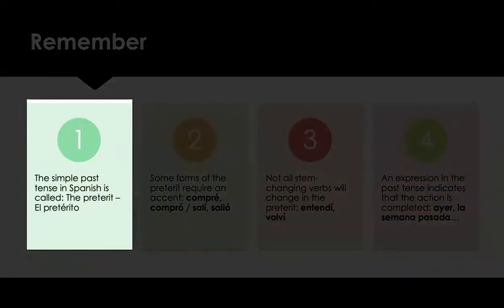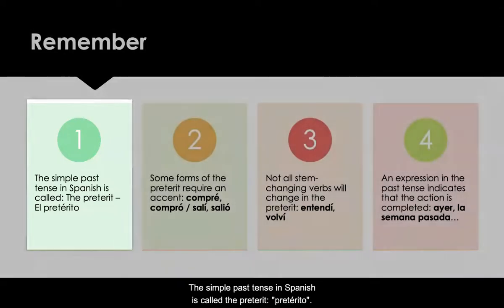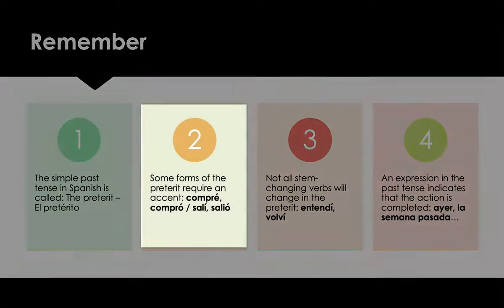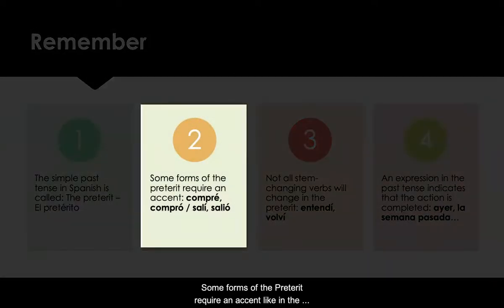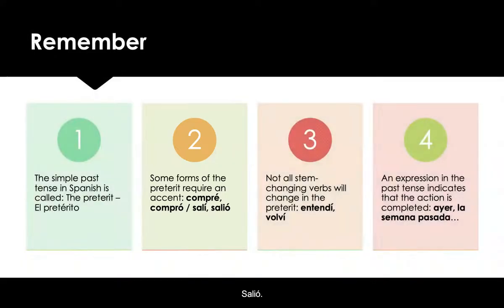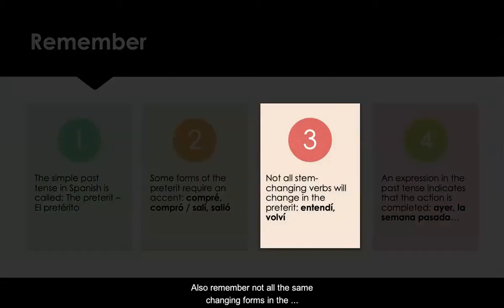So, remember, the simple past tense in Spanish is called the preterite, el pretérito. Some forms of the preterite require an accent, like in the yo or in the third person singular. For example, compré, compró, salí, salió. Also remember, not all stem-changing forms in the present tense will carry that irregularity in the past.